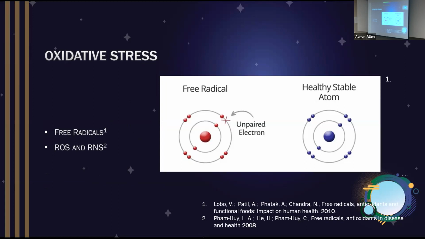As we see here, in the stable atom, the electrons in the outer shell are all shared. However, in a free radical, there's an unsharing of those electrons, and when this happens, it can cause things in your body to break down. In these reactions, reactive oxygen species, ROS, and reactive nitrogen species, RNS, form.